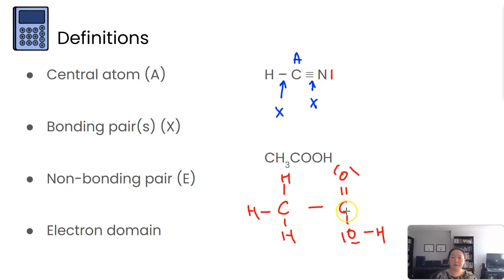You will either be told this, or you're doing some other investigation and you will know which one you need to be looking at. If we were going to take this oxygen as a central atom, you can see that there are 2 bonding pairs. This oxygen also has 2 non-bonding pairs. It has 2 lone pairs. And so as a result, it has 4 electron domains around it.